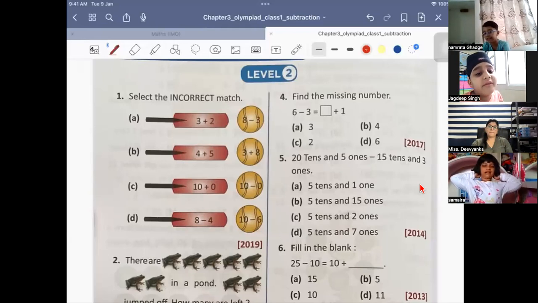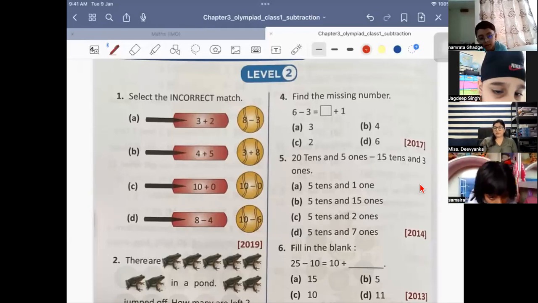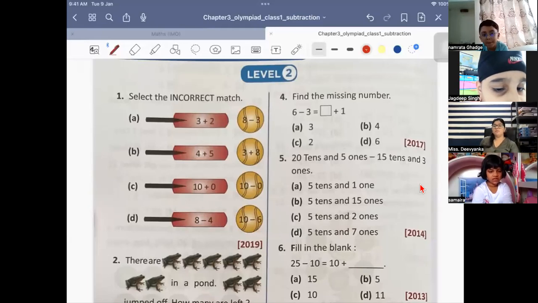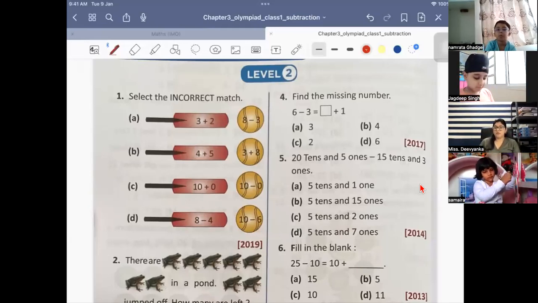The two of them are correct. A is correct, so that is ruled out from the options. What about B? Is that correct? No, ma'am. So which is the incorrect match here? Option B.